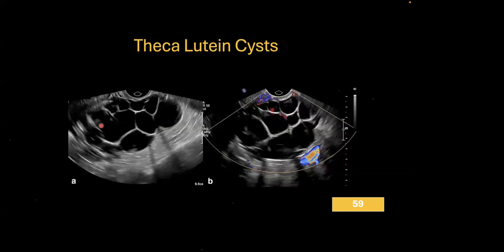Ovarian hyperstimulation will have a stroma which would be rather echogenic and there will be multiple follicles of variable size. But here this is completely turning into cystic. And even in OHSS, there would be ascites accompanied. All these things will be there. Yes, you're correct, there is no ascites in case of theca lutein cyst.